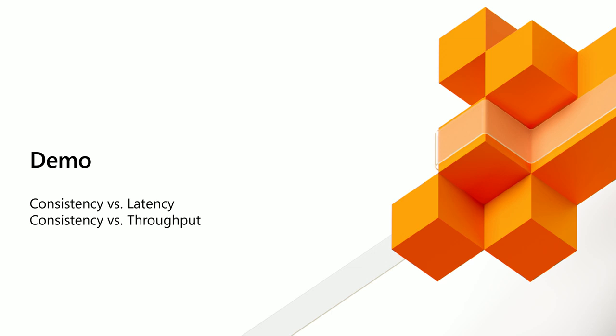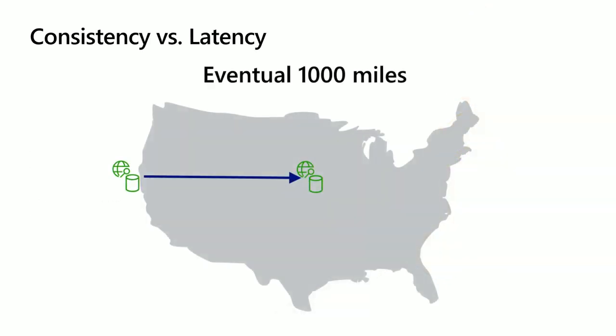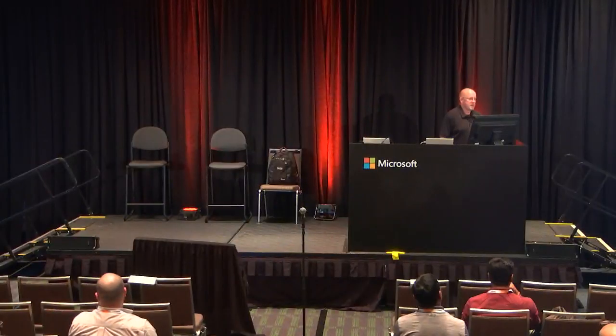So this is 2 sets of demos here. I'm going to show you the trade-offs between consistency and latency, and then another set of demos that shows you the trade-off between consistency versus throughput. So here's my setup. I have an account set up in WestUS 2, and I'm going to write a bunch of data into this, and then replicate it to Central US region. It's about 1,000 miles away.